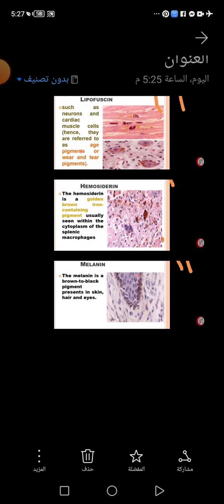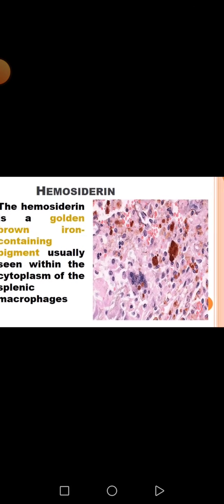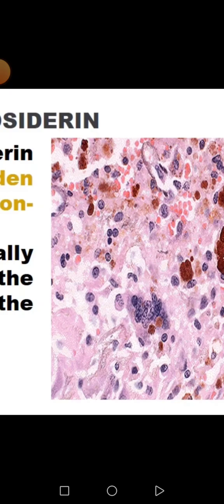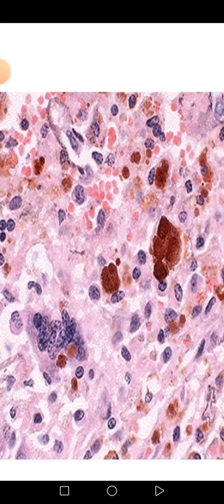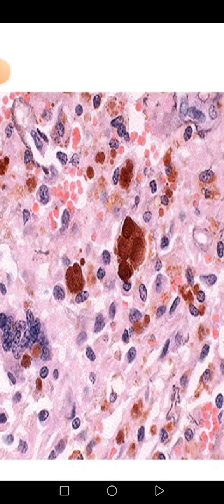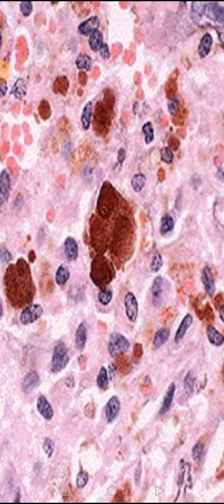This is lipofuscin, as I explained. Hemosiderin is a golden brown, iron-containing pigment usually seen within the cytoplasm of splenic macrophages. Those are the splenic macrophages. Macrophages are a type of white blood cell. This is the hemosiderin.